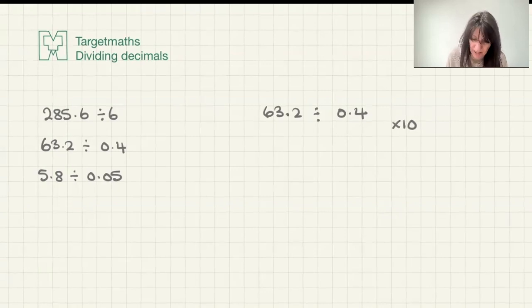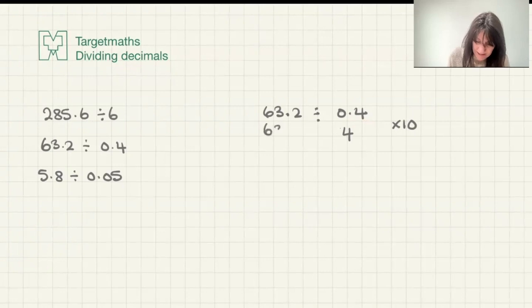If I multiply 0.4 by 10, it'll shift the 4 up from the tenths to the units column to give me 4. Or you can think of it as moving the decimal that way, whatever works for you, really. Obviously, I must do the same with my 63.2.